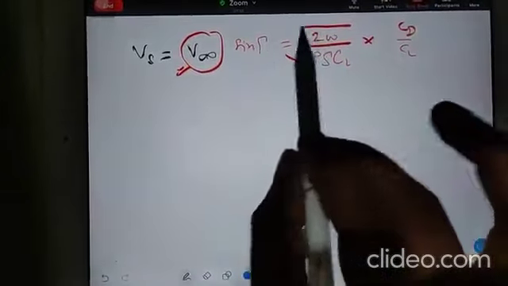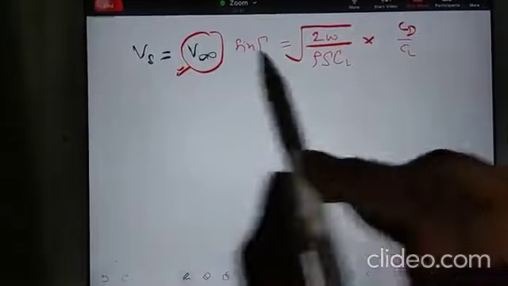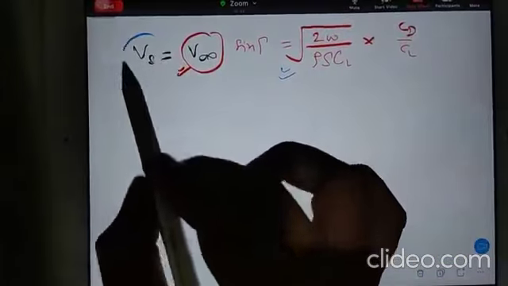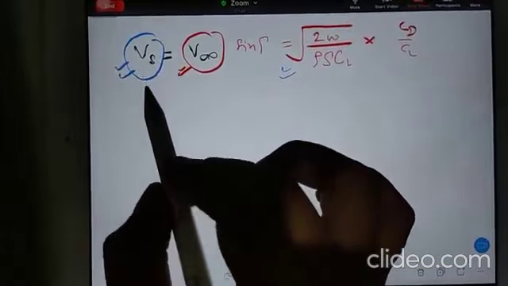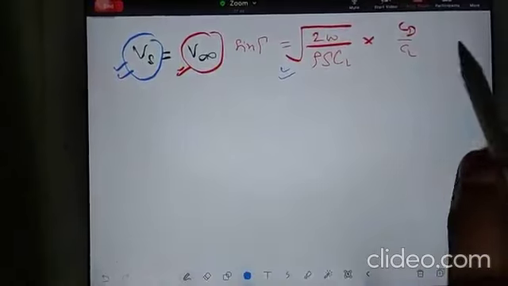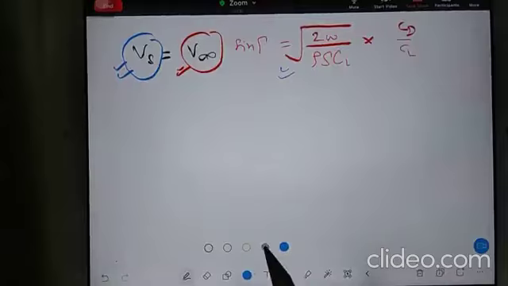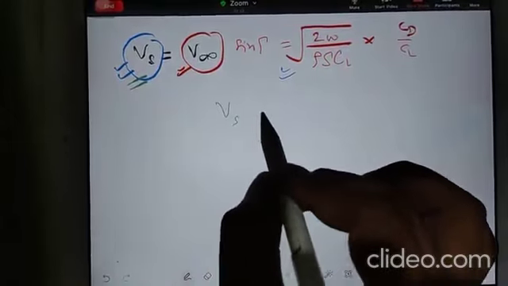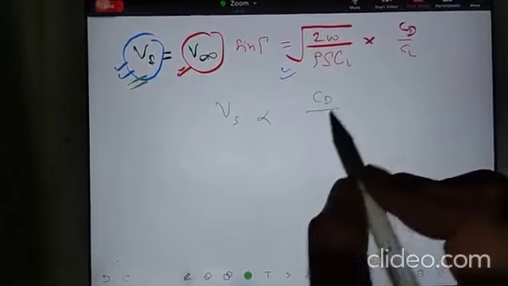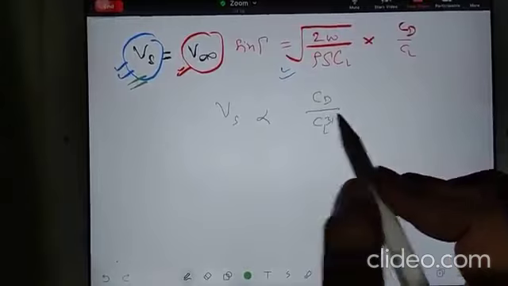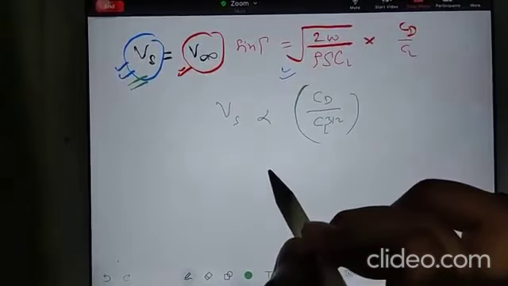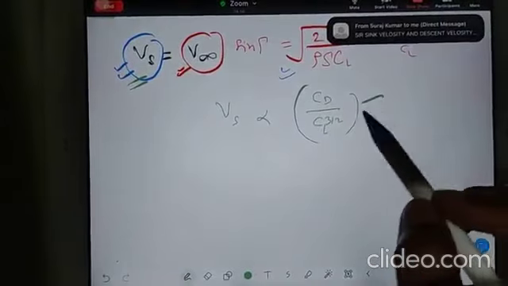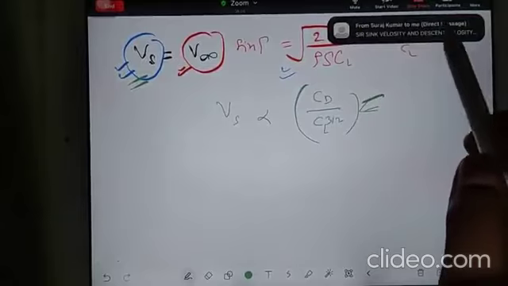So this became your formula for Vs. But this formula is giving you an idea under what condition you should fly the aeroplane so that Vs should be minimum, so that endurance should be maximum. For that purpose we are doing all these things. To make Vs minimum, we are doing all these things. So you can clearly see your Vs is proportional to CD by CL power 3 by 2, right? Which is the condition of minimum power.